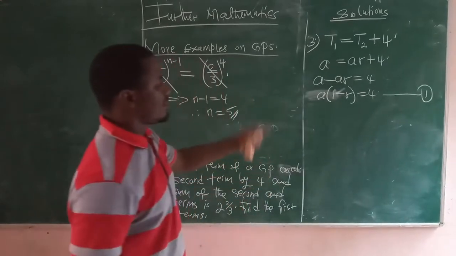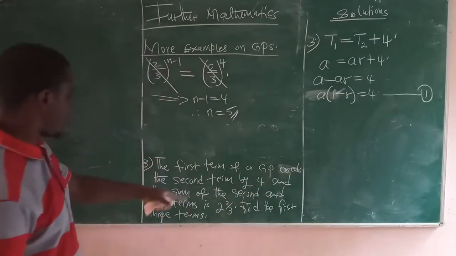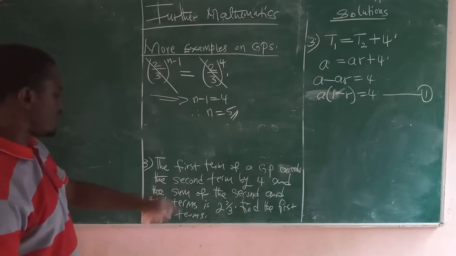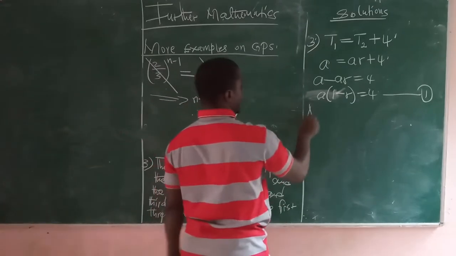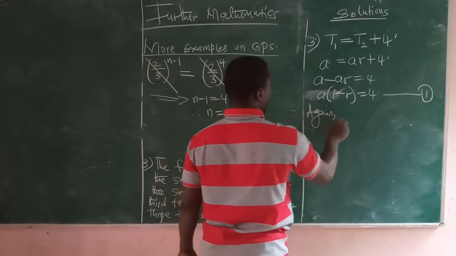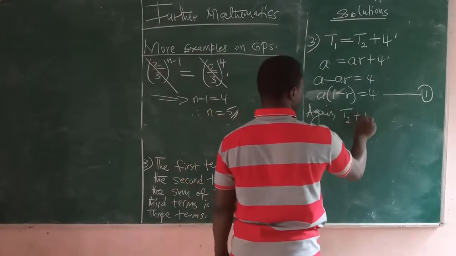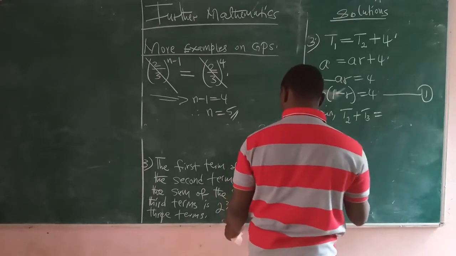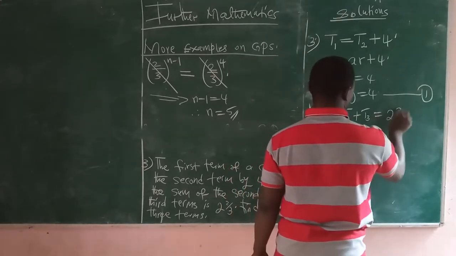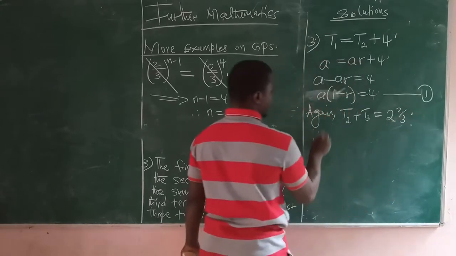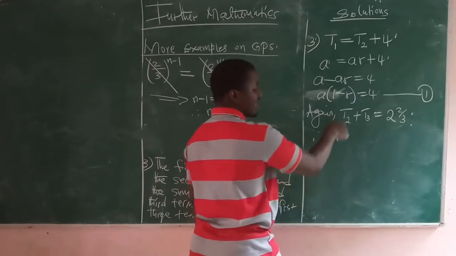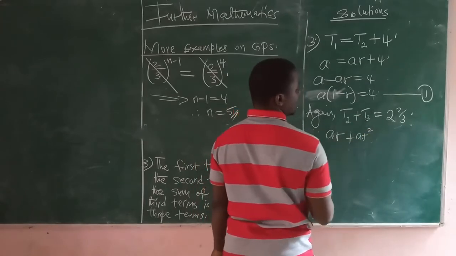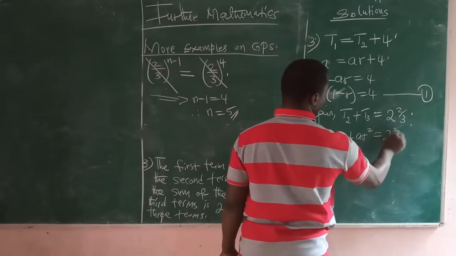The next statement there is the sum of the second and third terms is 2 whole number 2 over 3. So T2 plus T3 is equal to 2 whole number 2 over 3. And so that means that AR, which is the second term, plus AR squared, the third term, is equal to 2 whole number 2 over 3.